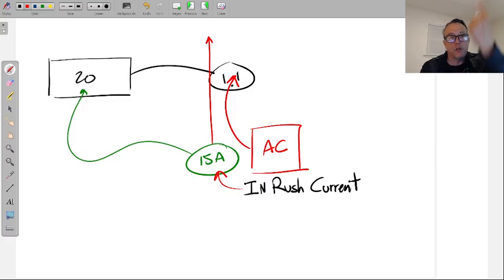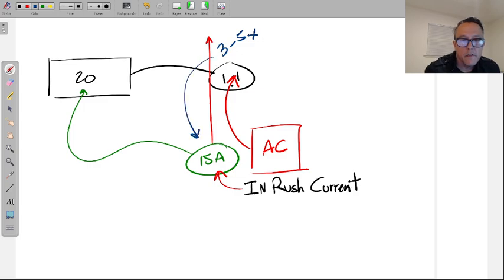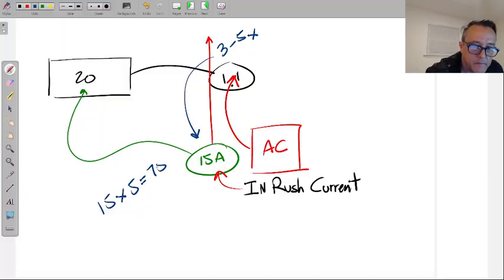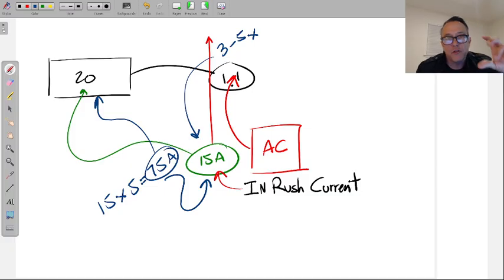Sometimes, with motors specifically, it can be 3 to 5 times that amperage down here. So for a second only, that 15 can become some pretty high numbers. What's that, 75? So now look at how ridiculous this is. We have a 20 amp breaker that's about to deal with 75 amps for 1 second.